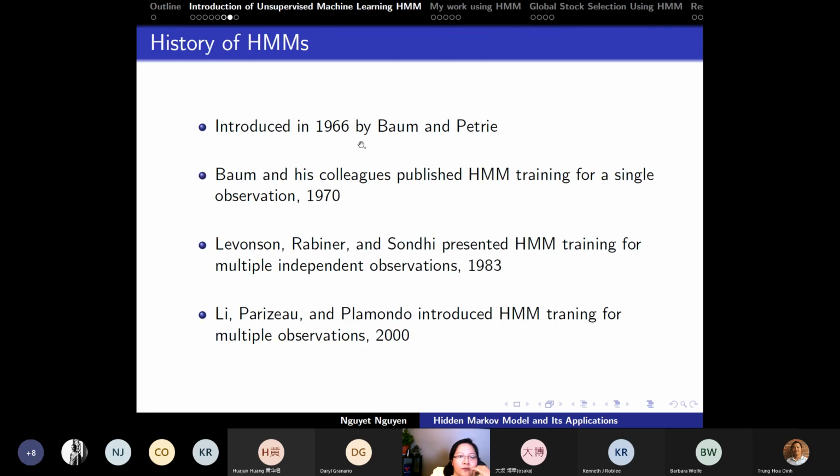So some history of the hidden Markov model. This model was introduced a long time ago, before I was born. In the 1970s, people could train the model. That means first they introduced the model, but they didn't know how to find the parameters for the model.